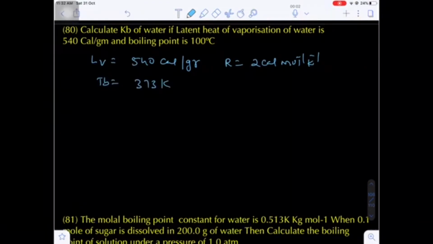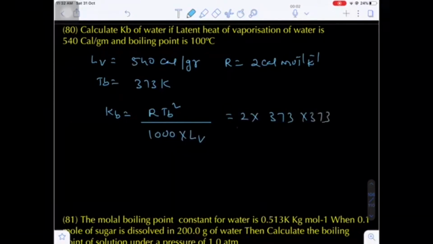Directly we can use the Kb formula, that is equal to R into Tb square whole divided by 1000 into latent heat of vaporization. Now R value 2, Tb value 373 Kelvin whole square, 373 multiplied by 373, divided by 1000 into the latent heat of vaporization, 540 calorie per gram.